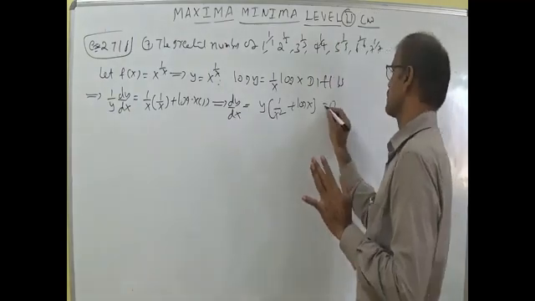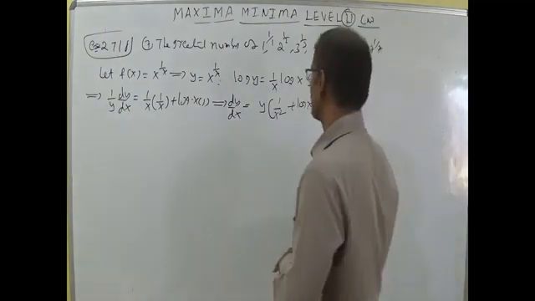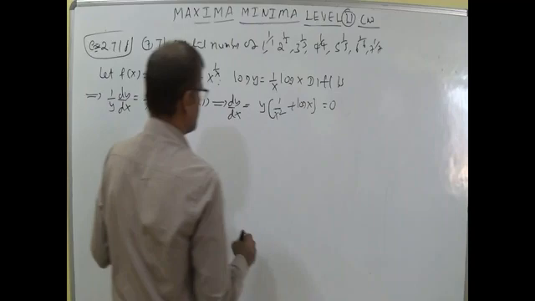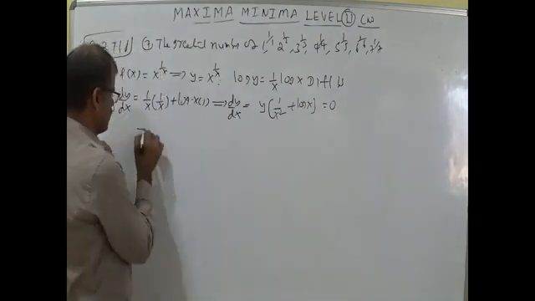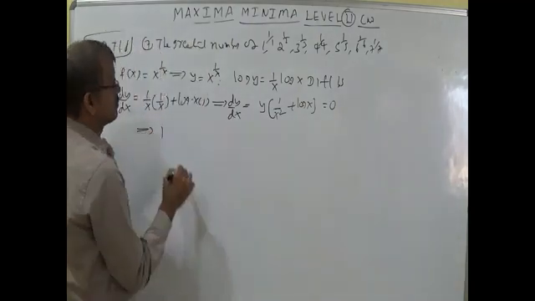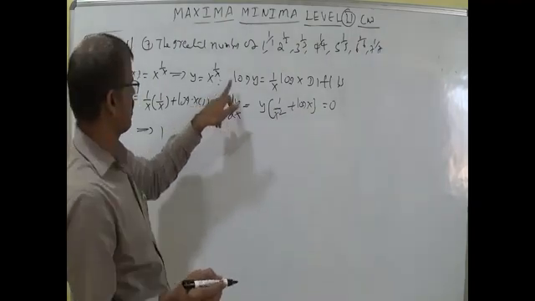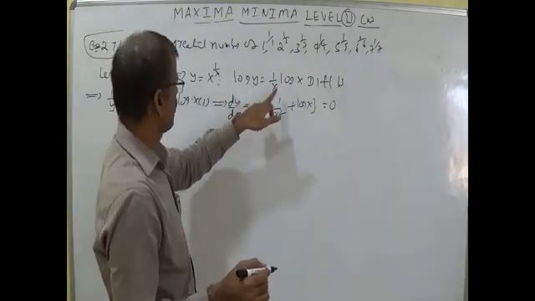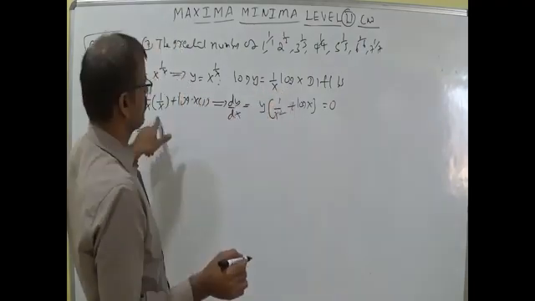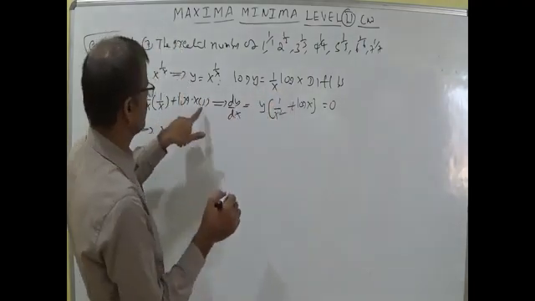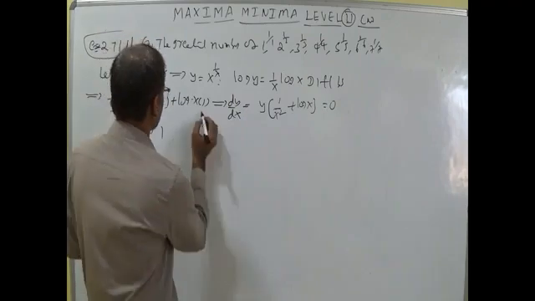Okay, let us discuss dy by dx equal to 0. Y taken to the side. Here x power 1 by x is there, taking log on both sides, 1 by x log x, differentiating both sides: 1 by x into derivative of log x, plus log x into derivative of 1 by x, which is minus 1 by x square.